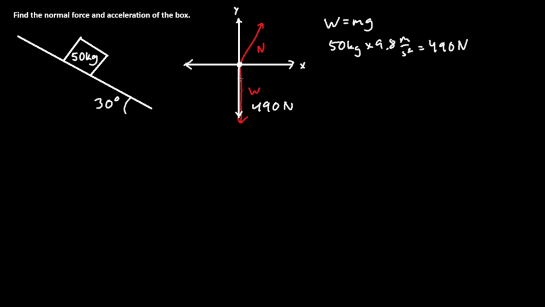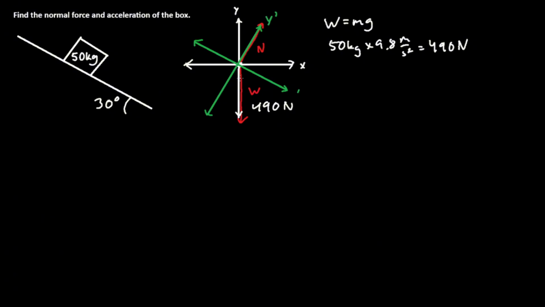So what can you do? Well, you can actually rotate your coordinate system like so to this new coordinate system, where the x-axis becomes parallel to the plane. So this x-axis is parallel to the plane, or parallel to the ground at your surface, and the y-axis is going in the same direction as your normal vector.